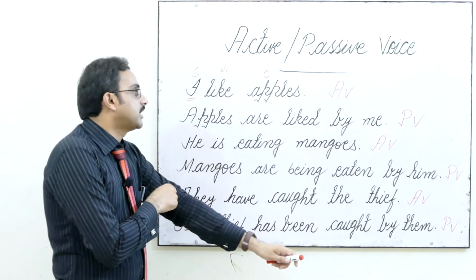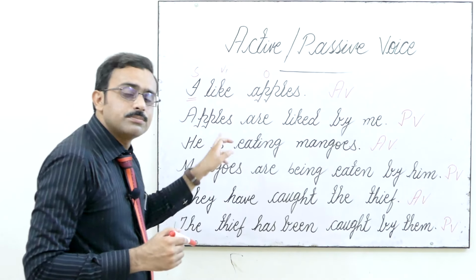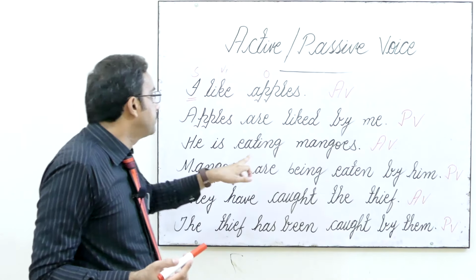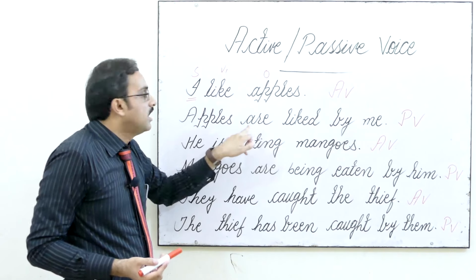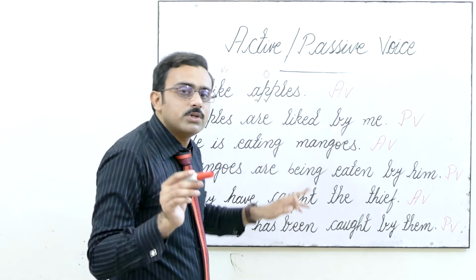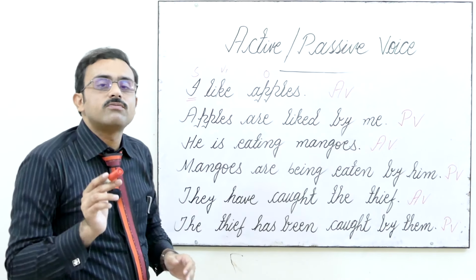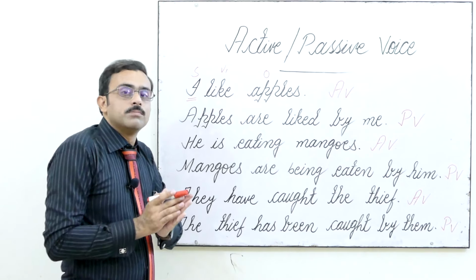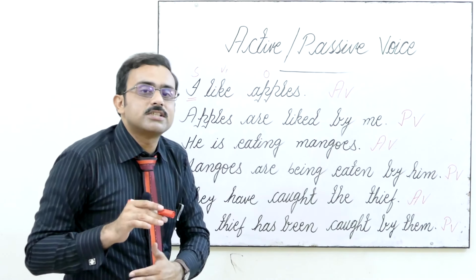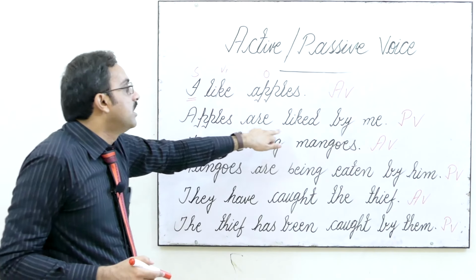Here, our subject, which was first object, now this is subject. Our subject is in plural form, apples. So I used are. Apples are liked. Whenever you are going to change active into passive voice, you have to use third form of verb, means past participle after your auxiliary. Apples are liked.